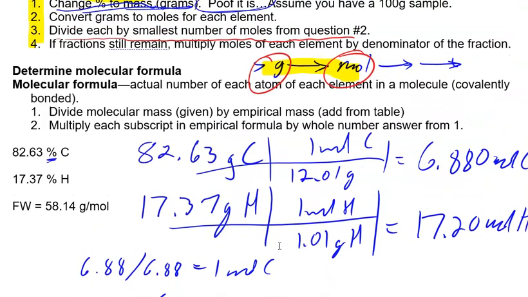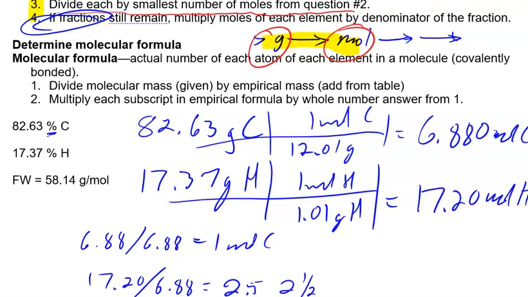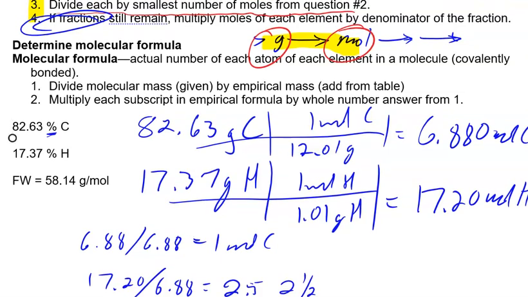The last step says if a fraction remains, which means sometimes it doesn't, but I wanted to pick one that does. So in this case, the math will give us 2.5. And the last one says if a fraction remains, and it does. By the way, there'll be simple fractions like thirds, quarters, and halves. It says multiply each by the denominator.